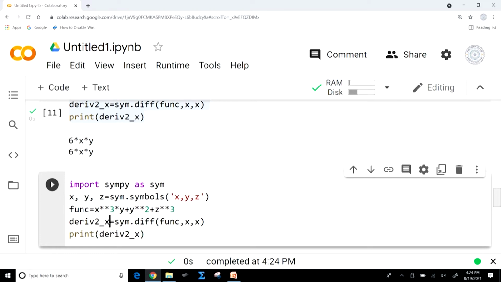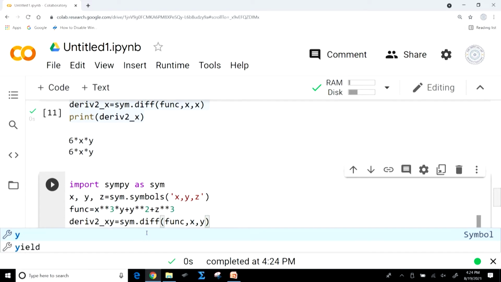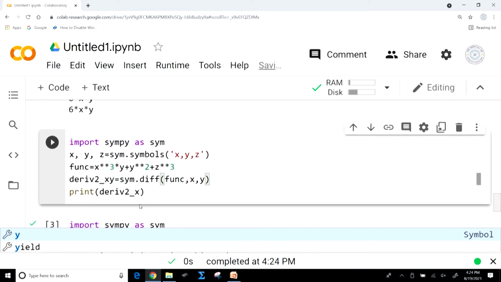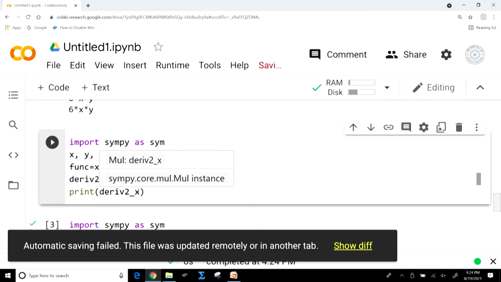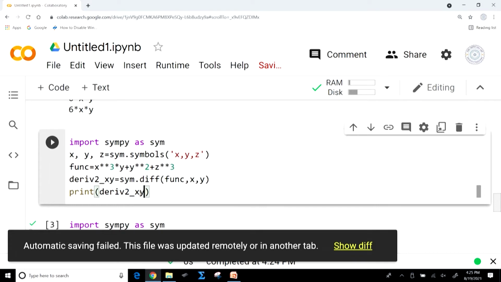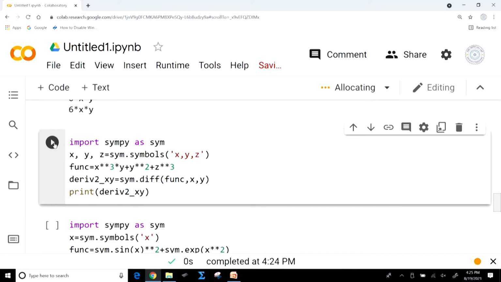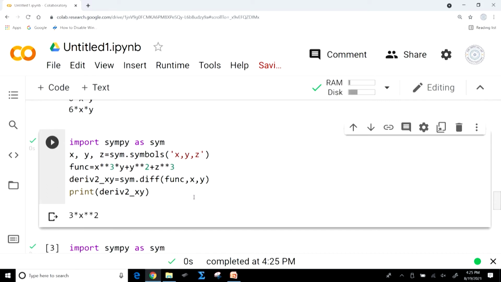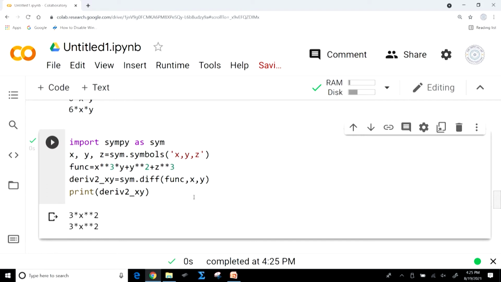I am writing a notation xy here, and if you run it, you will get the second order partial derivative with respect to x y. So, what is the answer? This is the answer, 3 times x square.